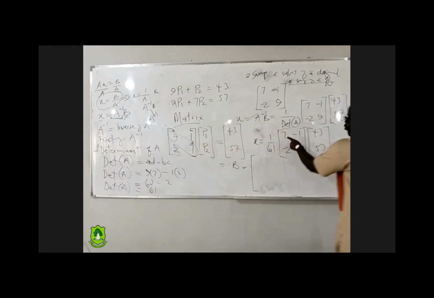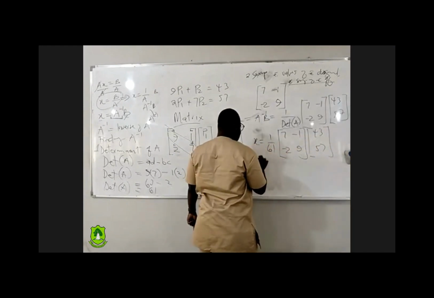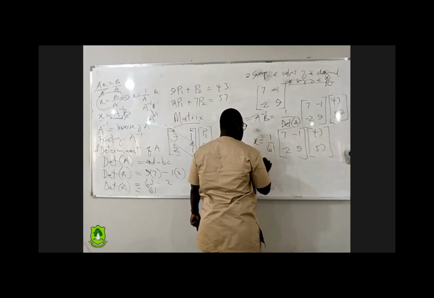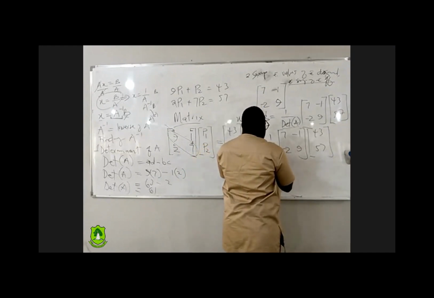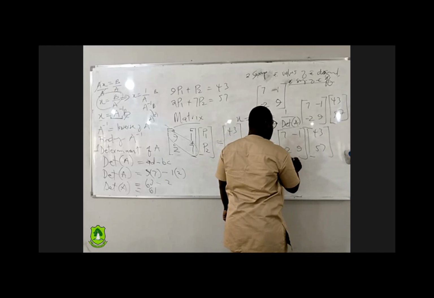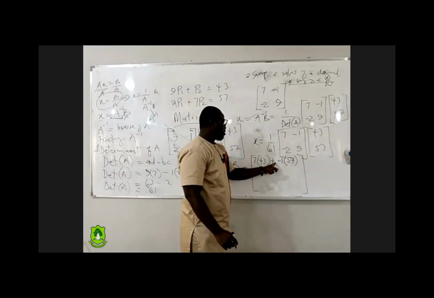We have here 7, please note. So it's going to be 7 times 43 plus, please note, minus 1 times 57. Remember this.